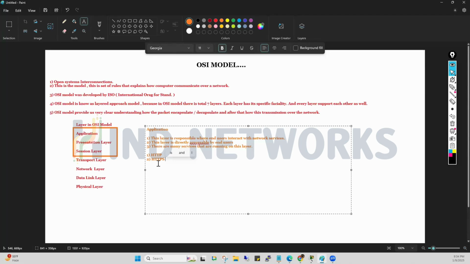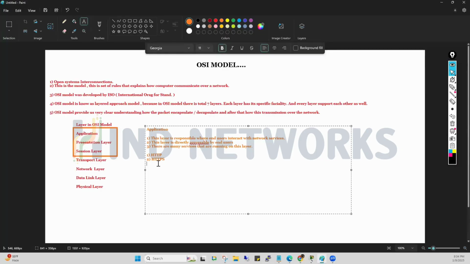If we are using HTTP, it means that is not secure. But if you are using HTTPS, it means that is secure. Clear now? Understand everyone? So this is the protocol that runs on the application layer, HTTP and HTTPS.